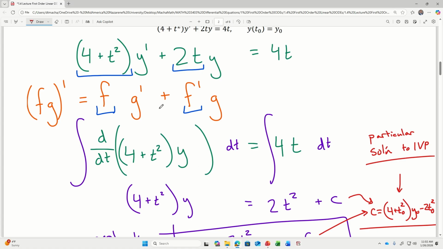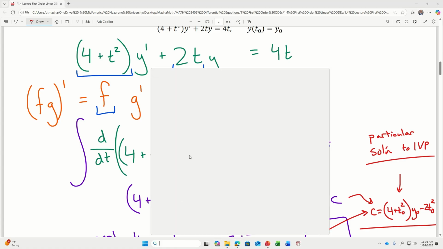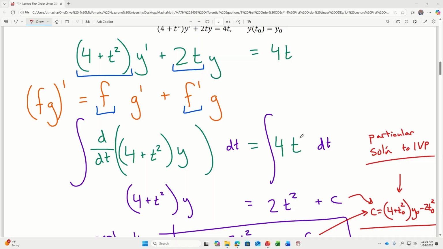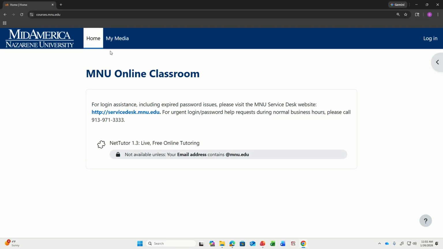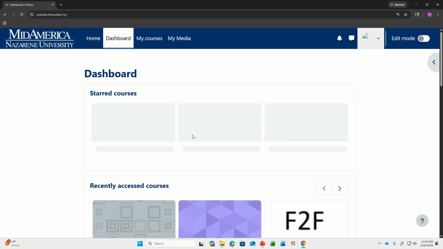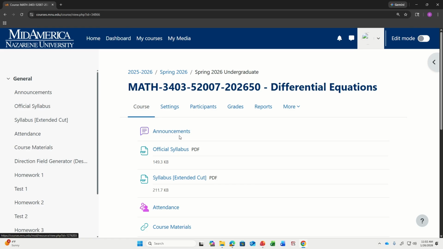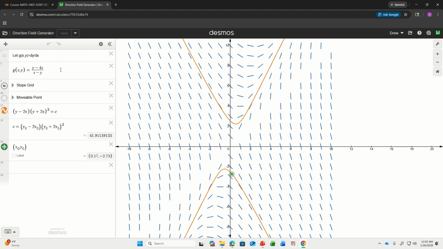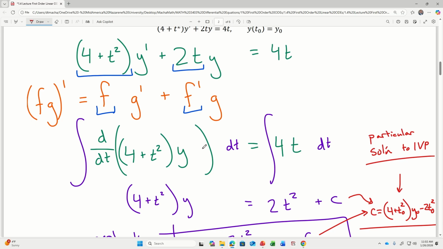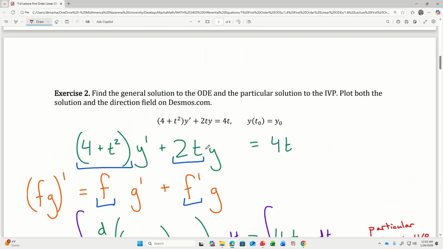Did I remember to post the Desmos link so you can make direction fields on Moodle? Let me check. Yeah, so if you click direction field generator on Moodle, it'll take you to this and you can type in your ODE. So our ODE takes a little bit of work to make it so you can plug it into that Desmos thing.